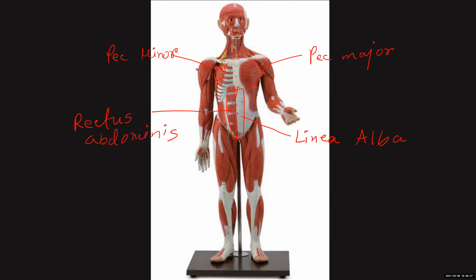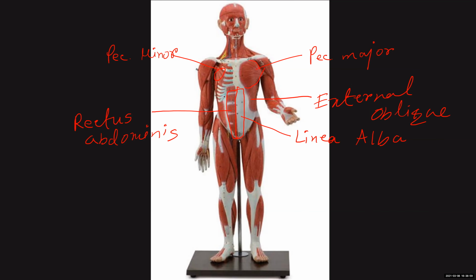On the model's left, the most superficial abdominal muscle is the external oblique. Notice how the external oblique is visible when ribs are not exposed, because the external oblique is attached to the lower ribs.